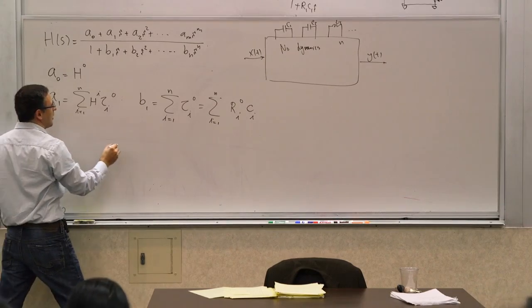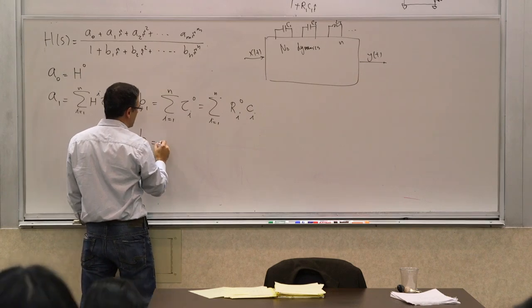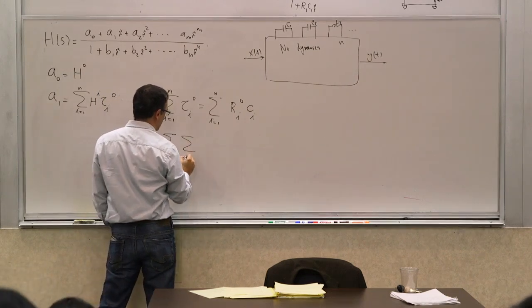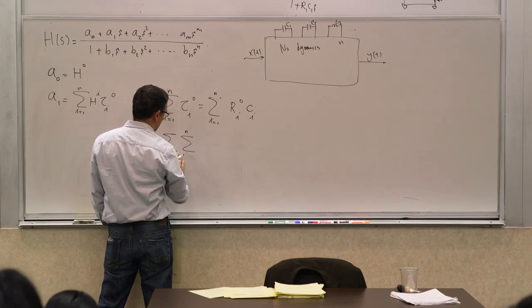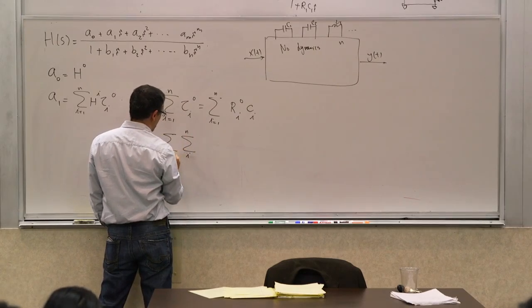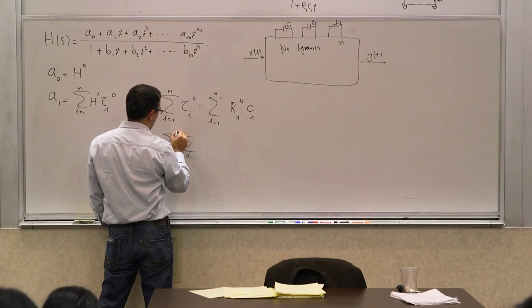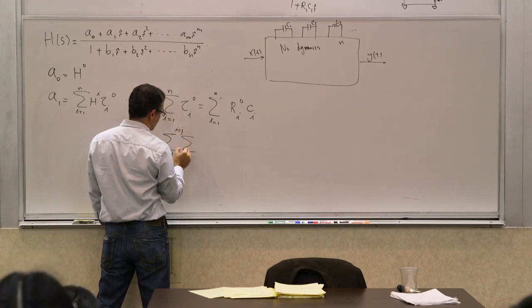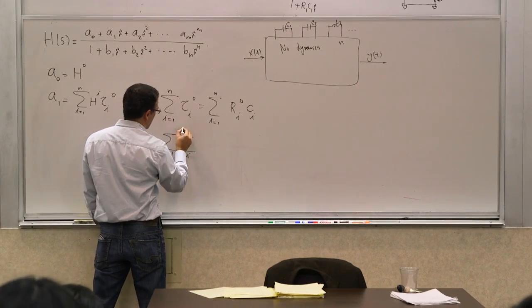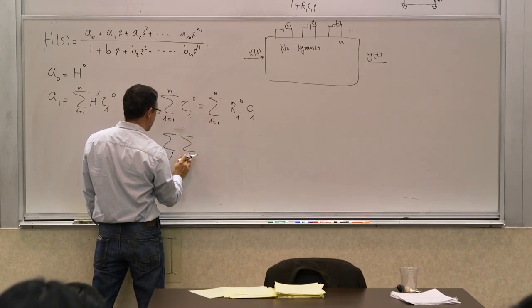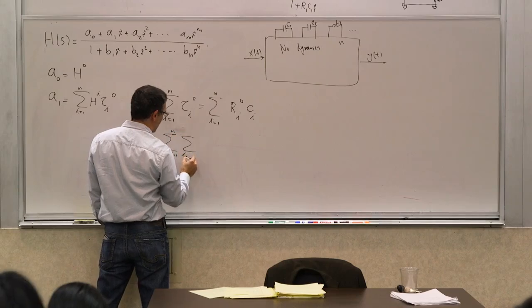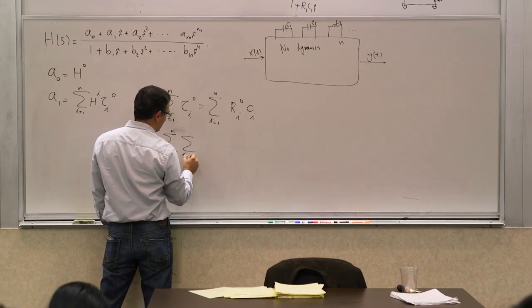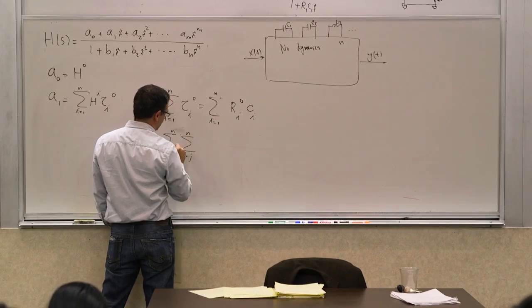And then you can show that B2, for example, is a double sum. You can write it over i and j, where i is smaller than j, for j going from 1 to n.